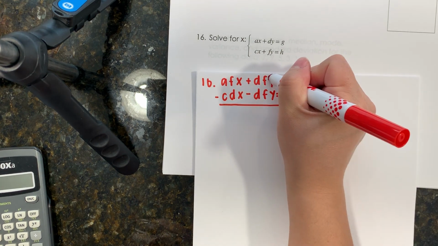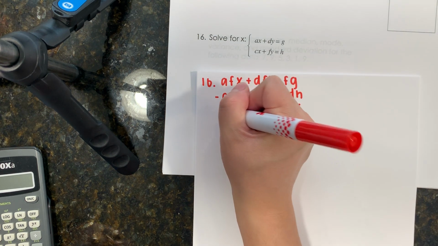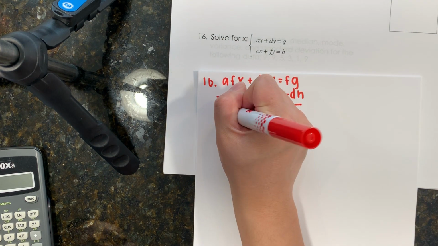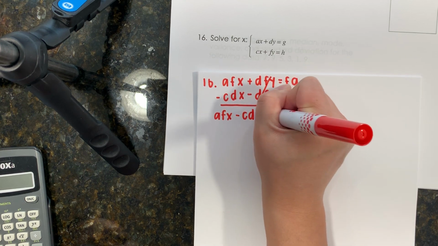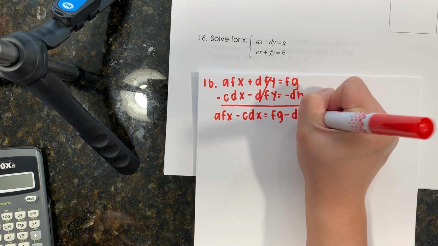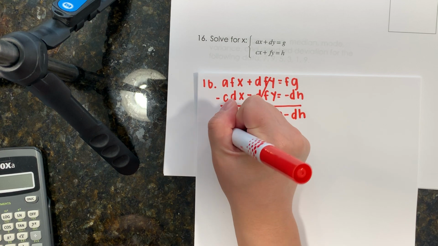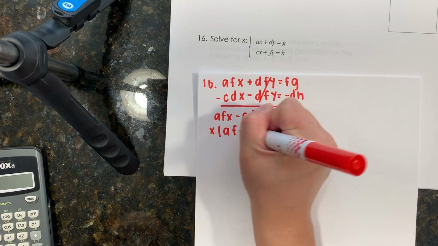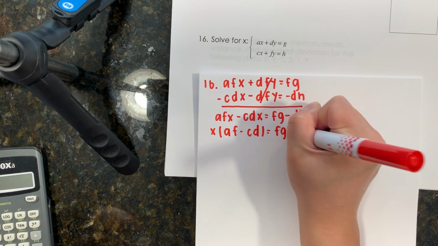When I add those together, the y's are going to cancel out. I'm going to be left with afx minus cdx equals fg minus dh. We're solving for x, meaning you're going to factor out the x on the left side, leaving you with af minus cd equals fg minus dh.